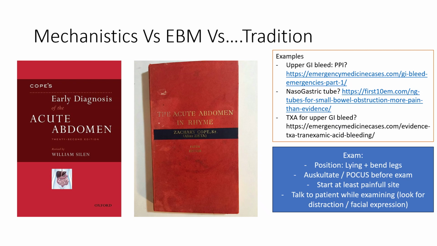Because they can take all of these minute cues into context, and that's something that we cannot do as emergency physicians. So we need to have respect for the surgeon's hands as a test.